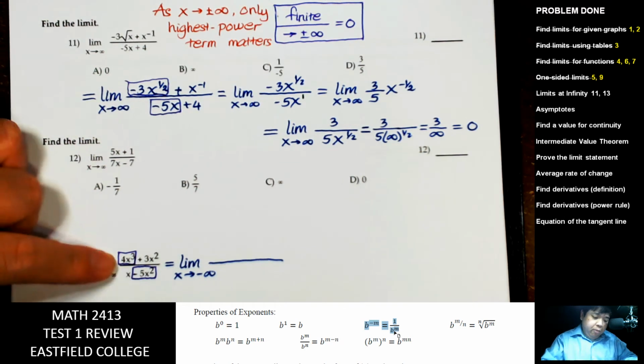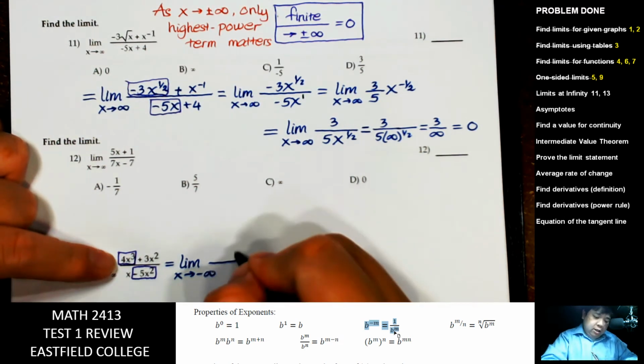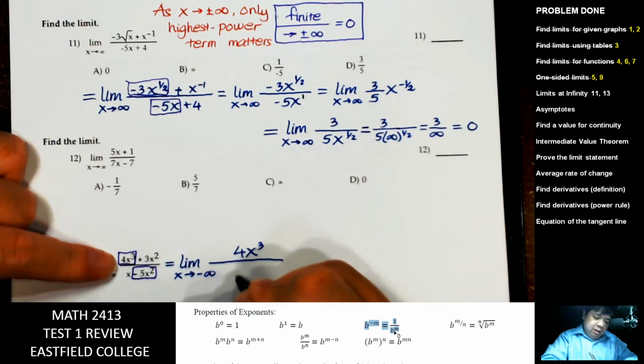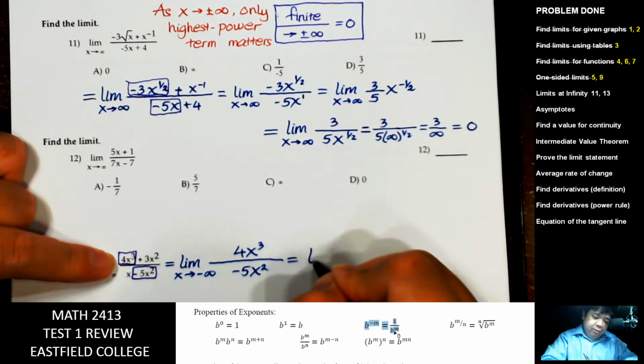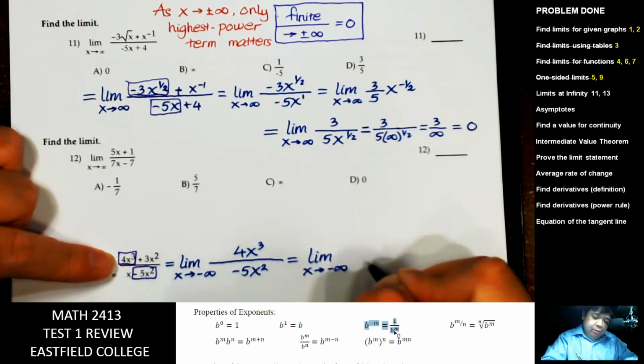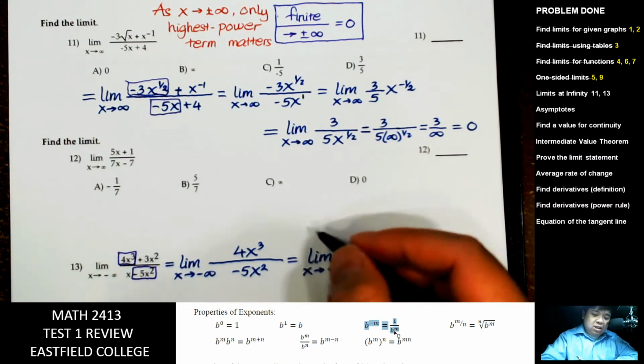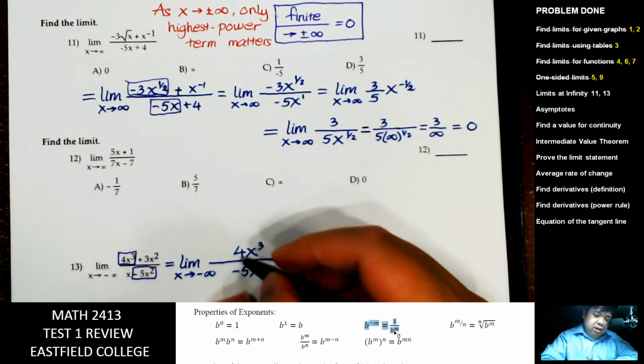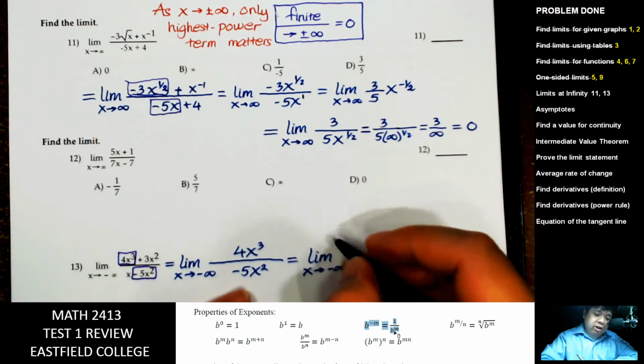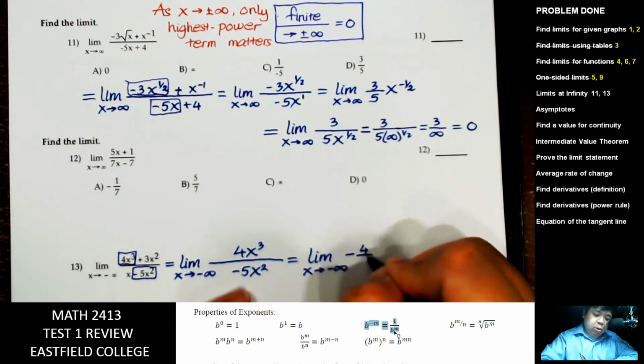So for x cubed minus 5x squared, of course, we can cancel the x cubed and x squared. We have an x on the top, but now just do the numbers. 4 divided by negative 5 is negative 4/5.